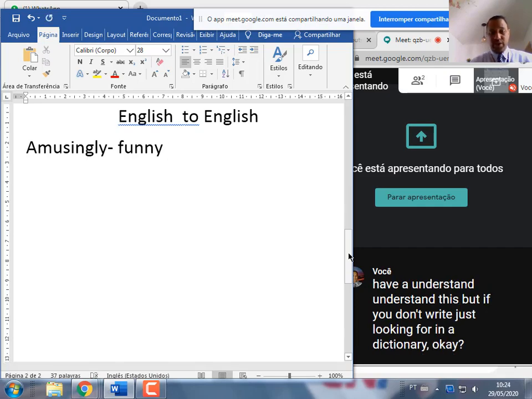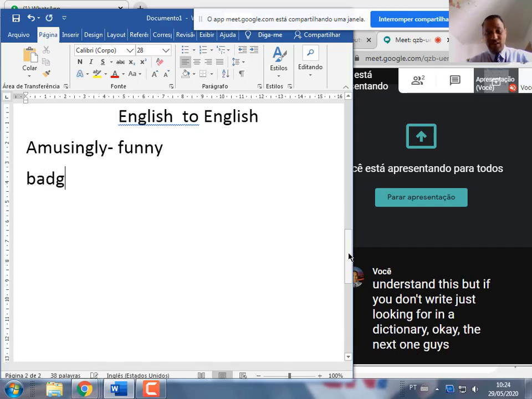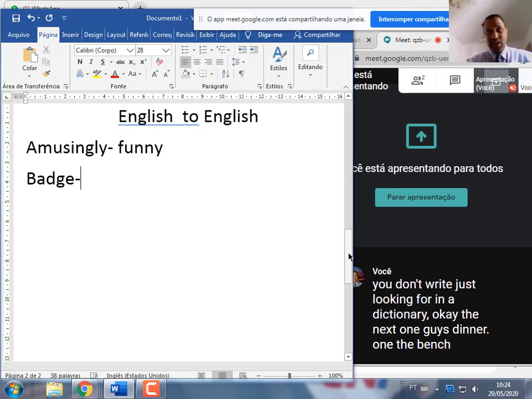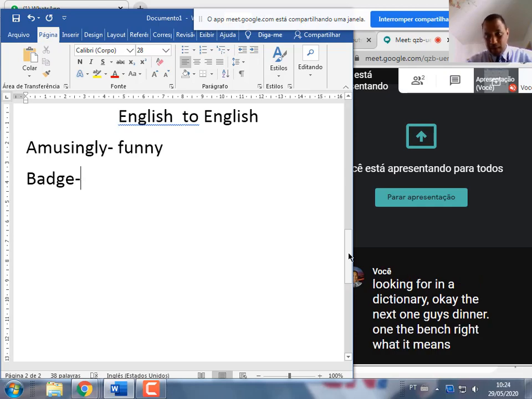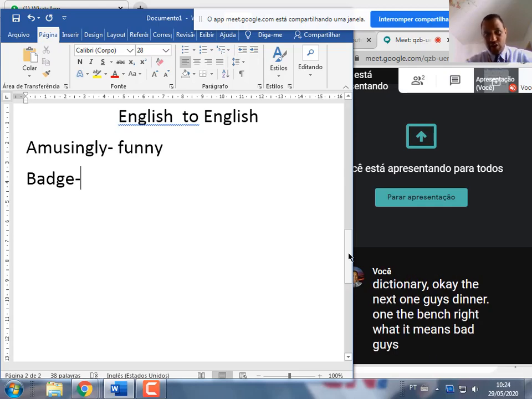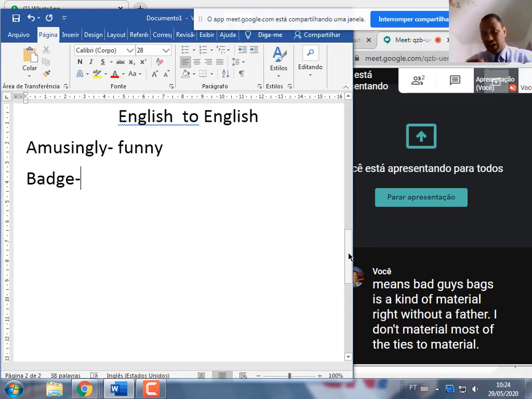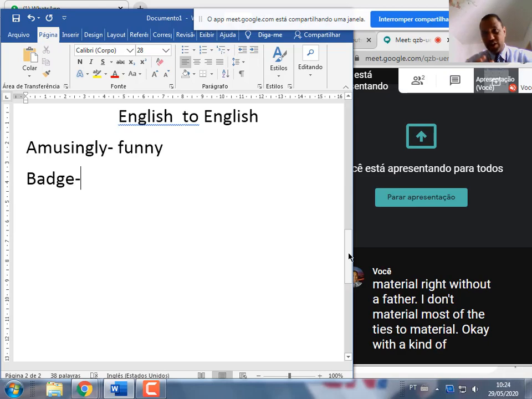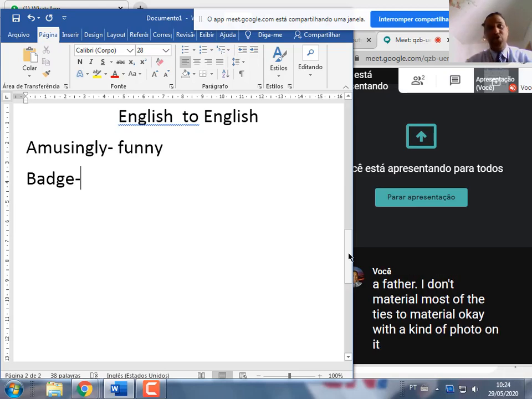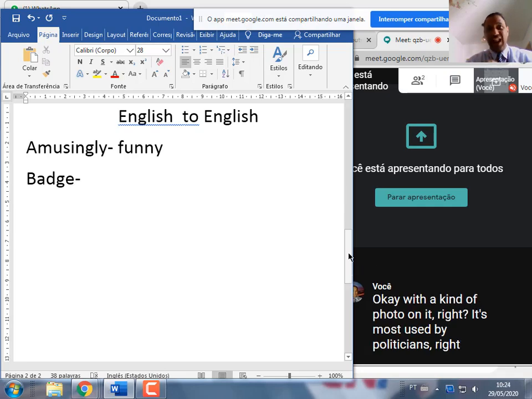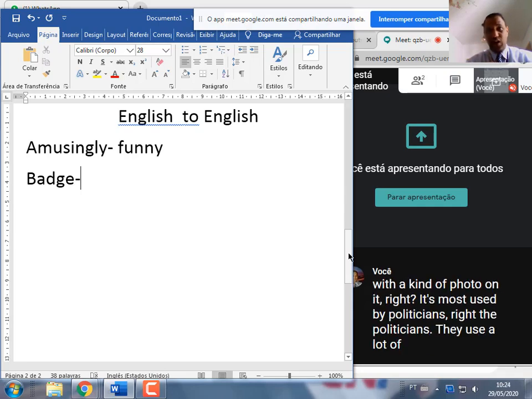Okay, the next one, guys. The next one, the badge, right? What does badge mean, guys? Badge is a kind of material, right? An iron material, most of the time steel material, okay? With a kind of photo on it, right? It's mostly used by politicians, right? The politicians use a lot of these kind of tools.